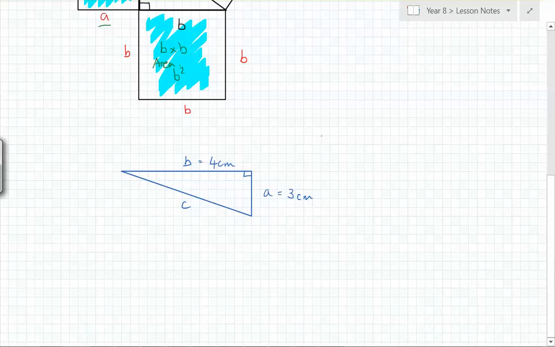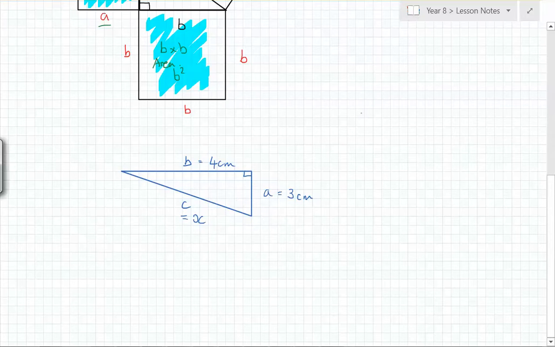So the question is, what is C? I'm going to call it X because it's an unknown. A, B, and C are not necessarily used apart from when you state Pythagoras' theorem.